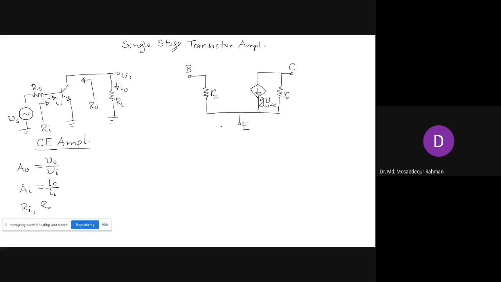So that is the pi model for the transistor, and then we need to connect the rest of the circuit with this model. At the input side we have Vs and Rs connected to the base terminal.